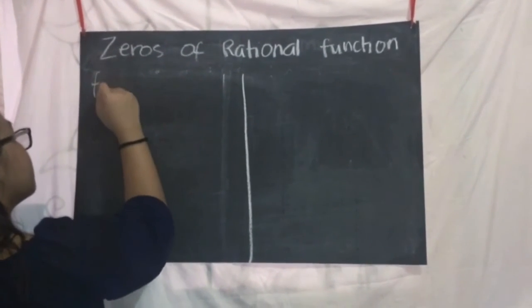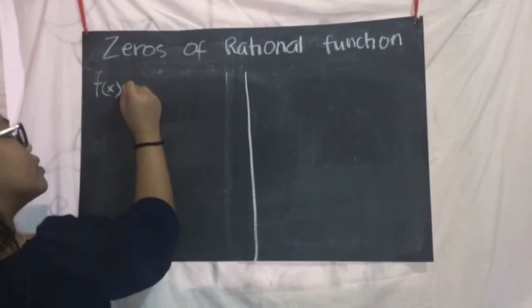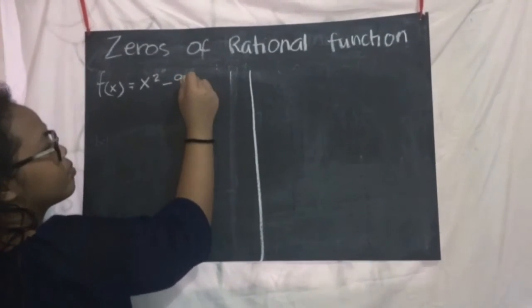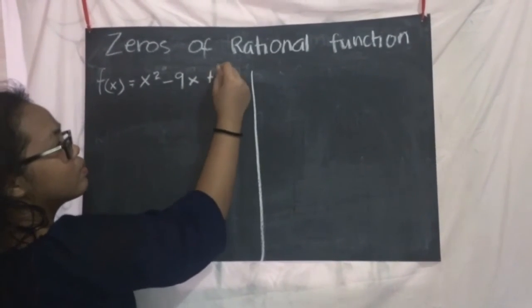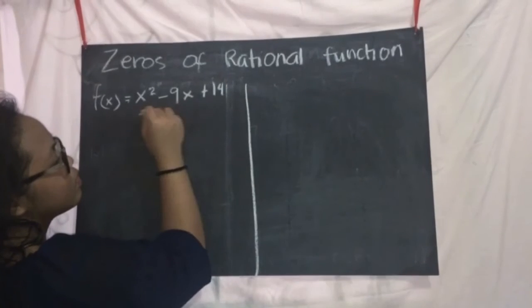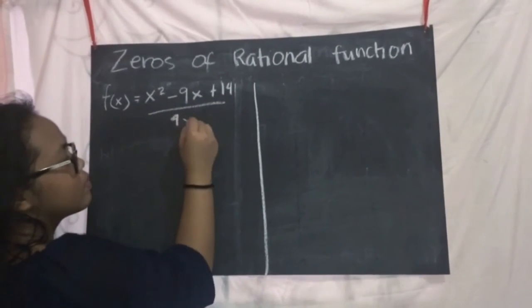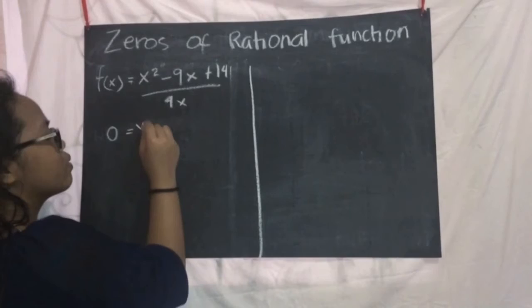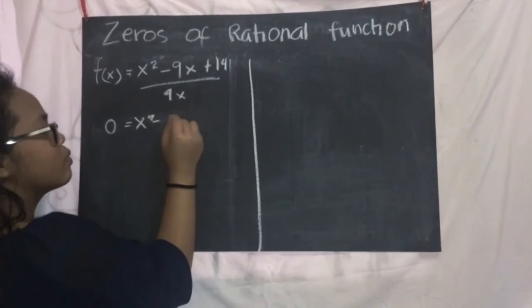Suppose we need to solve the given f of x equals x squared minus 9x plus 14 over 4x. To find its zeros, we must equate the function to 0.